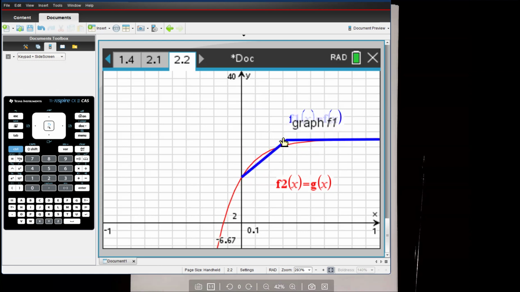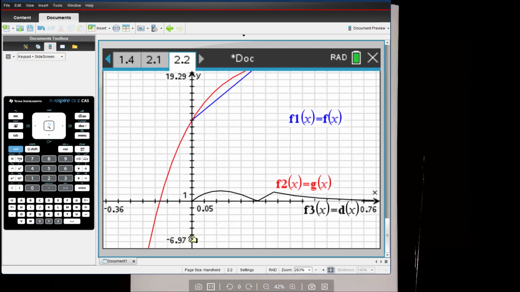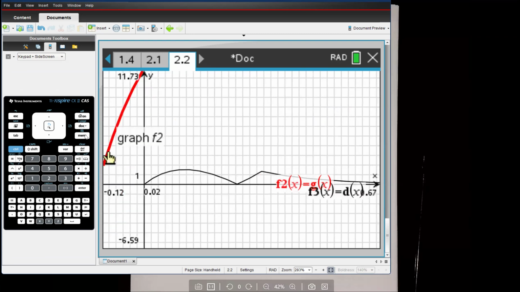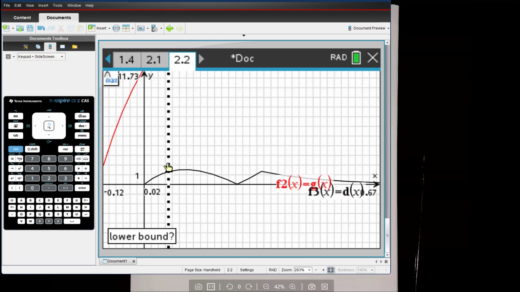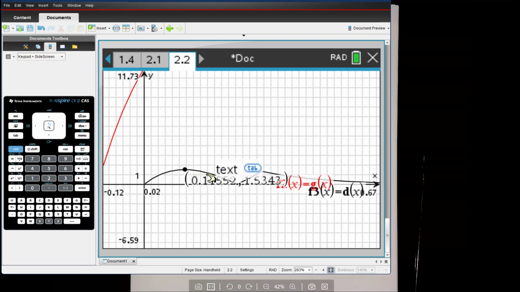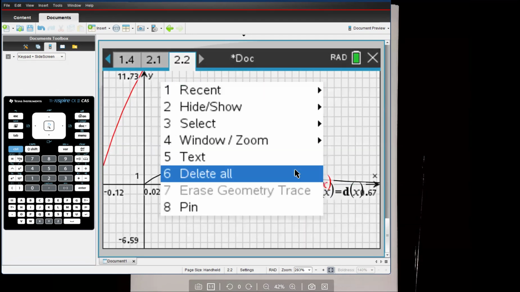After this intersection, the blue graph is higher than the red graph, etc. And it's eventually asymptotic to the 22, okay? So if you want to search for the maximum of d of x, you can actually compare what's happening. Maximum, this graph, and also this graph.